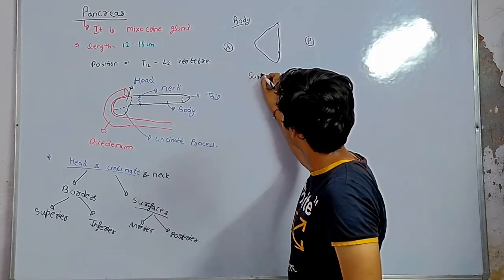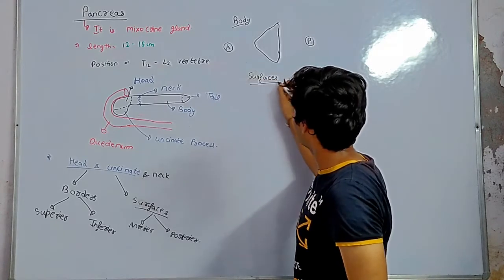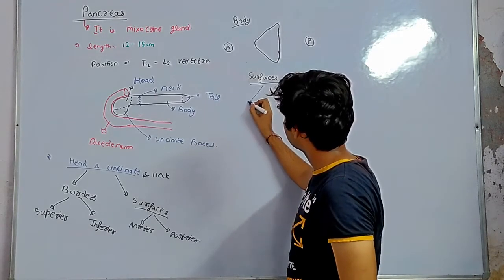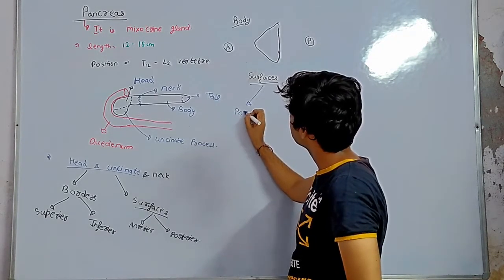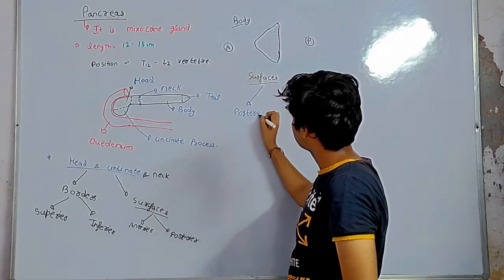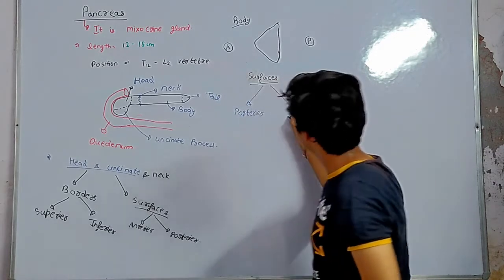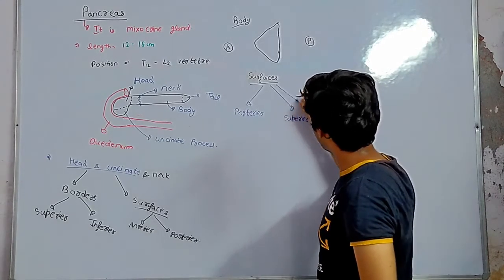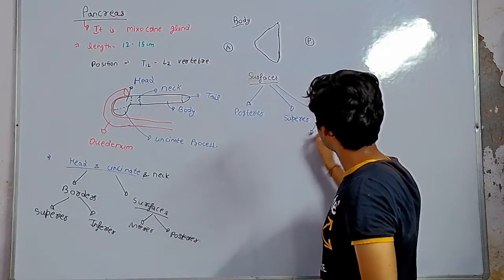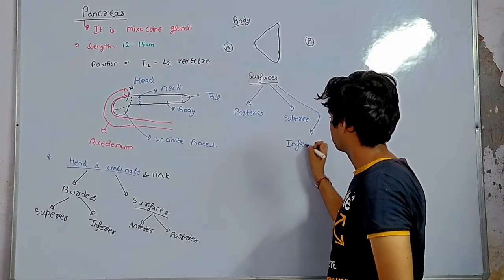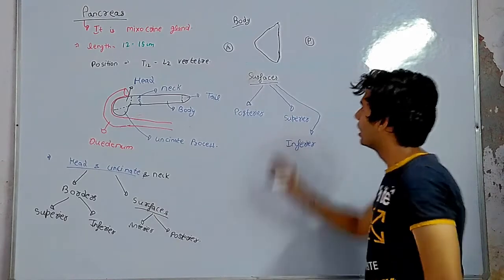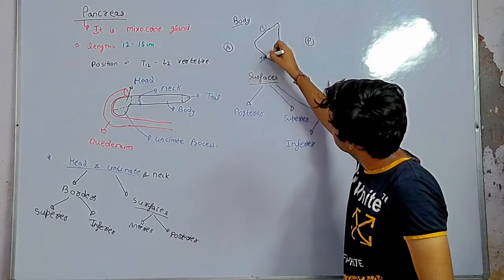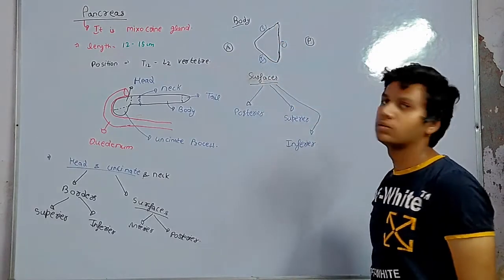There are three surfaces: posterior, superior, and inferior. Simple.